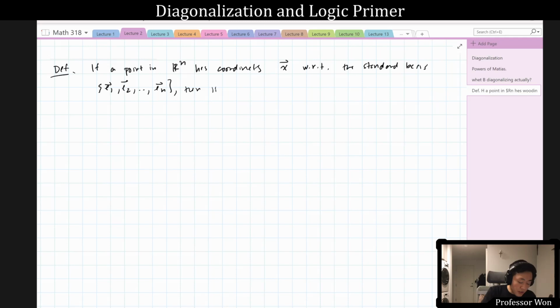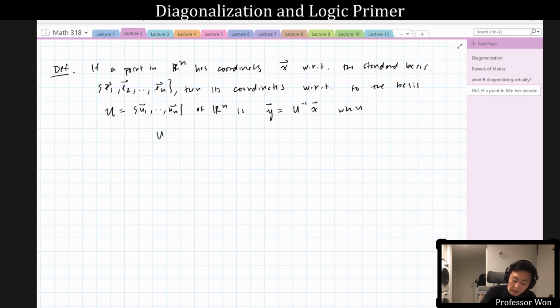Then its coordinates with respect to the basis, let's call it script U, vectors U1 up through Un of Rn, is given by y equals U inverse x, where U is the matrix whose columns are given by these basis vectors U. This thing is called a change of basis matrix.